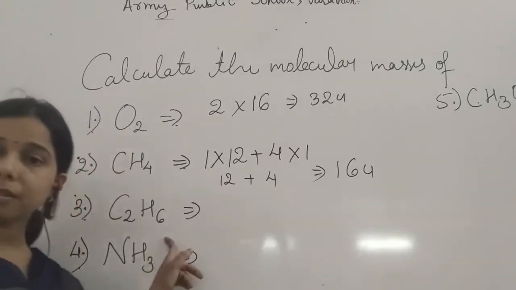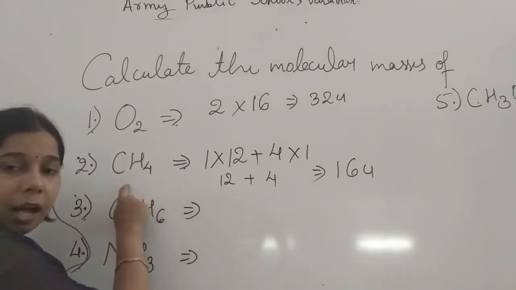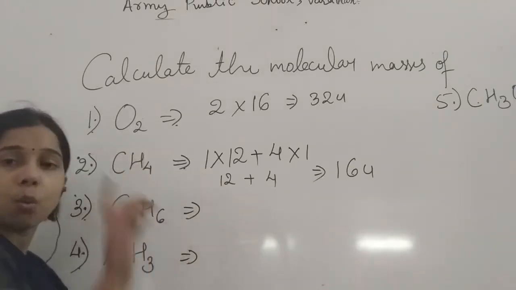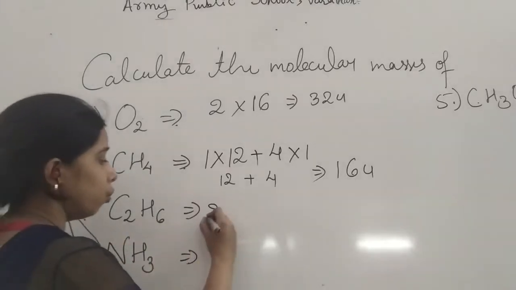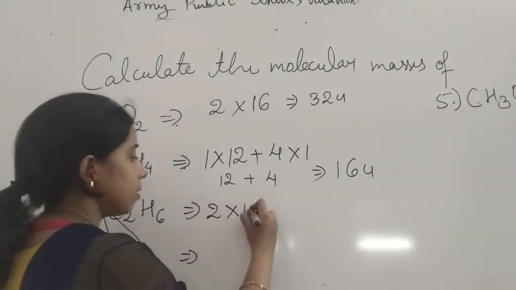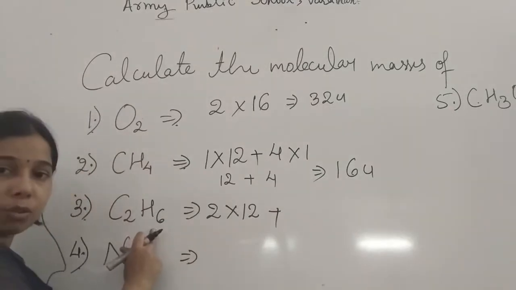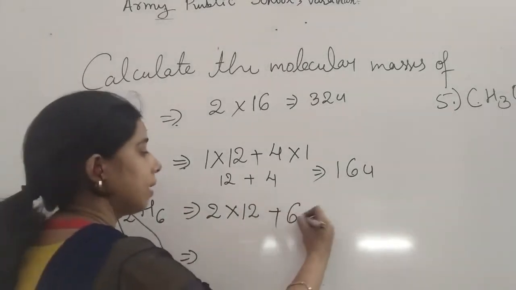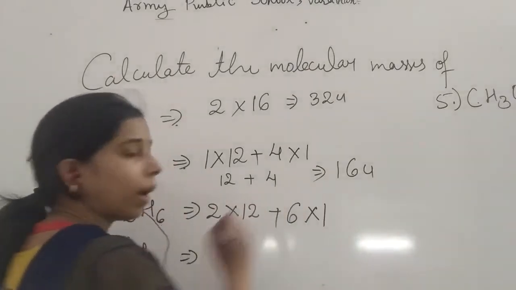Likewise, we can do this with this one also, students. Now see, here the number of carbon atoms attached is 1 only, but here it is 2. So we will write 2 into the atomic mass of carbon, that is 12, plus the number of hydrogens here is 6 into the atomic mass of hydrogen, 1.